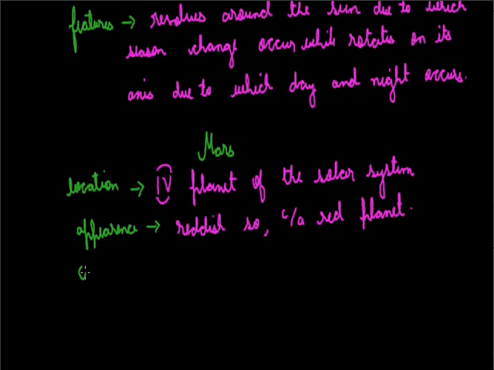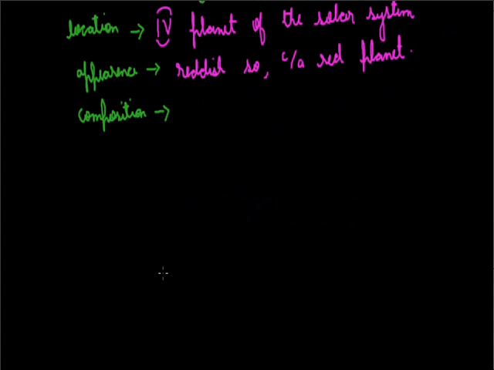Now we will discuss about its composition. There is a presence of carbon dioxide atmosphere. Carbon dioxide is also accompanied with a small amount of nitrogen, oxygen, water vapor and many other gases.